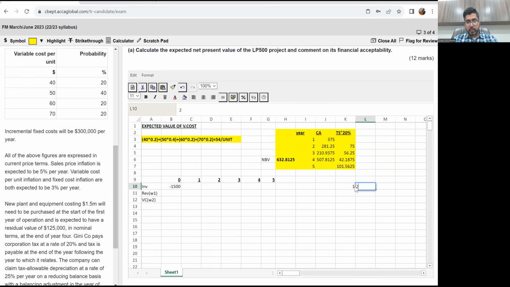So 1, 2, 3, 4. And I'm doing the workings of the selling price and variable cost.